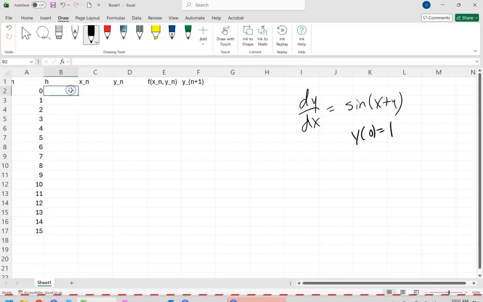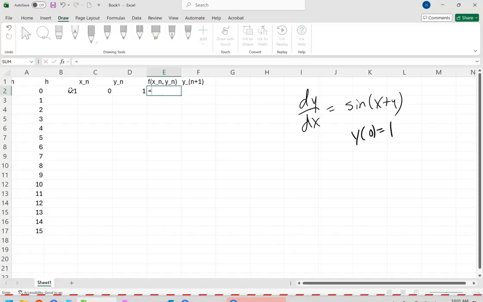So going over here for my h, let's just start with 0.1. The original x value is a 0, and the y sub n, the original y value, was a 1. So just type those in.